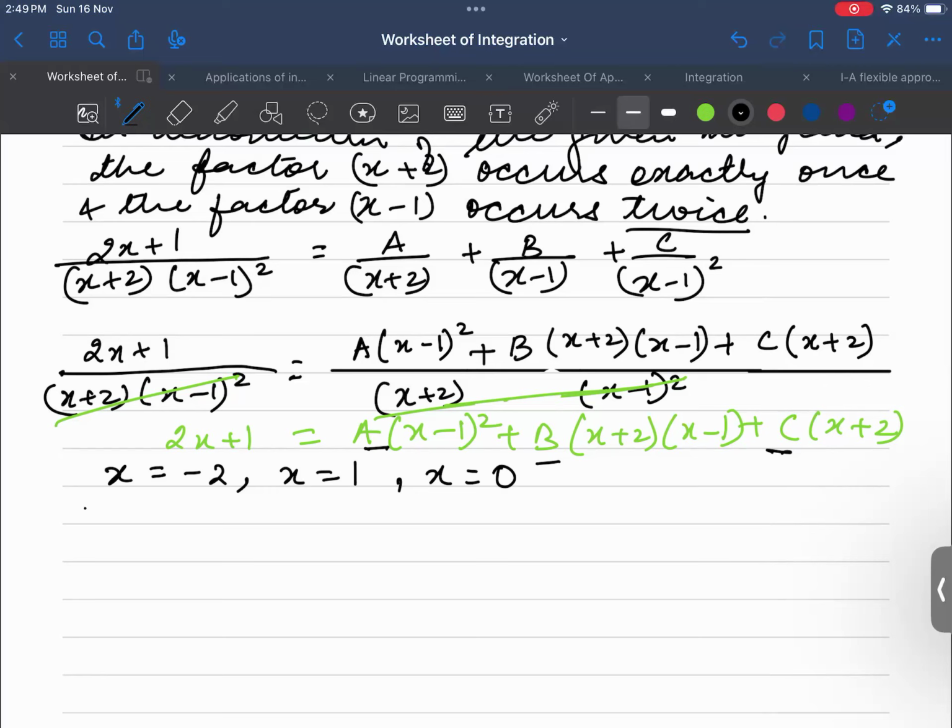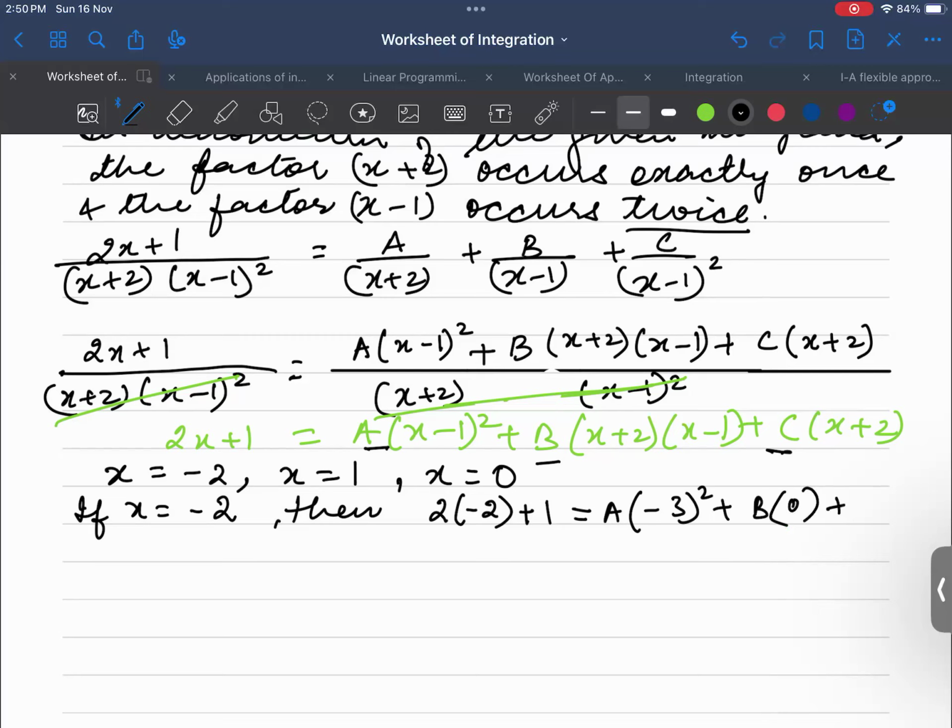If x equals minus 2, then 2 times minus 2 plus 1 equals A times (minus 3) square plus B, it would be minus 2 plus 2, which is 0, plus C, it would be again 0.